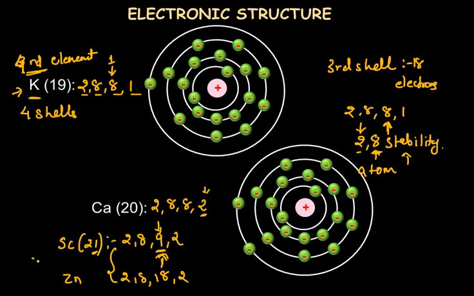All these elements are transition elements, that is the middle block of the periodic table, and that's why this block is kept a little separate, and you can make out the electronic structure from the periodic table also. But you don't need to remember all the electronic structures of the transition elements. You just need to understand and remember the electronic structure of the first 20 elements only.